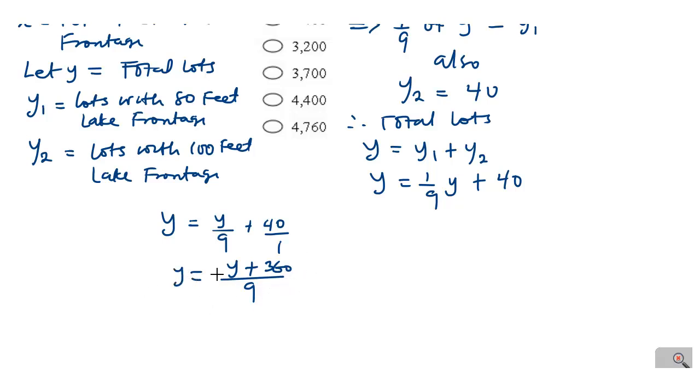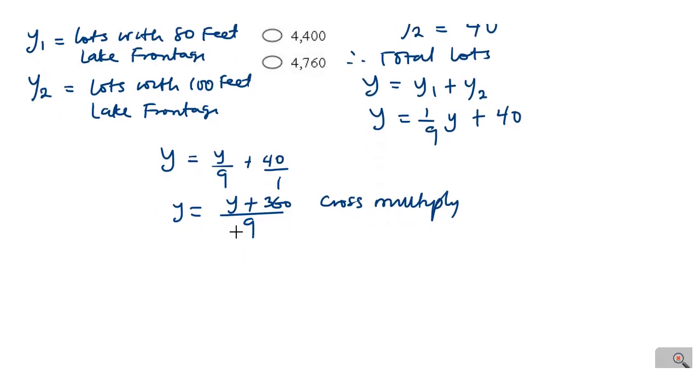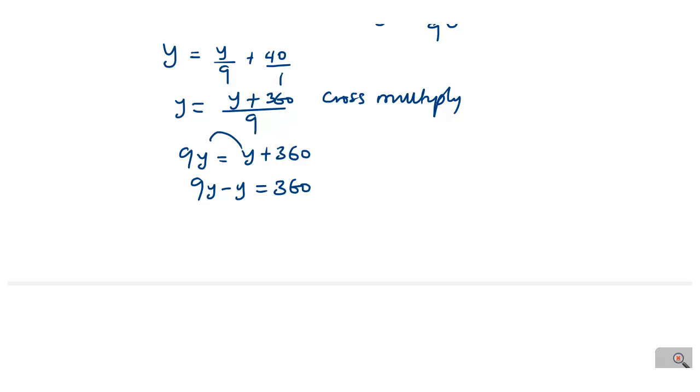So we can cross multiply. We are going to have 9 times Y, that is 9Y, equal to Y plus 360. Let's move this Y in: 9Y minus Y is equal to 360, so 8Y is equal to 360.